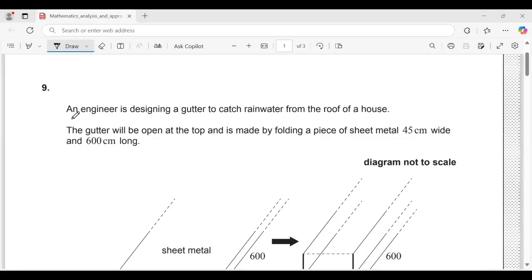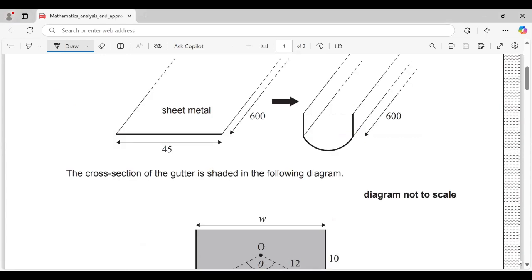Number 9. An engineer is designing a gutter to catch rainwater from the roof of a house. The gutter will be open at the top and is made by folding a piece of sheet metal 45 centimeters wide and 600 centimeters long. This is the gutter.